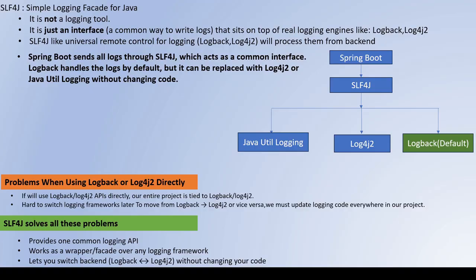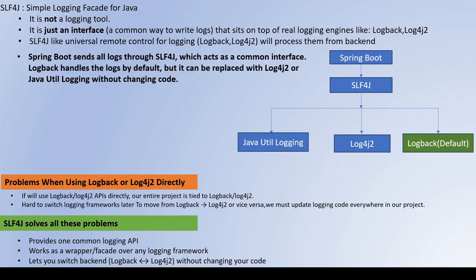Now coming to Java, logging is not built directly into applications, so different frameworks were created to solve real production problems like performance, flexibility, and configuration. Because of this, we have multiple options such as Java Util Logging, Commons Logging, Log4j2, and Logback.